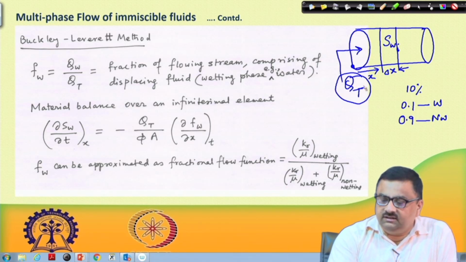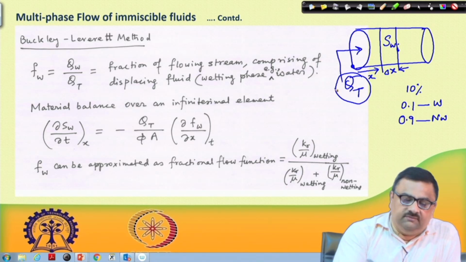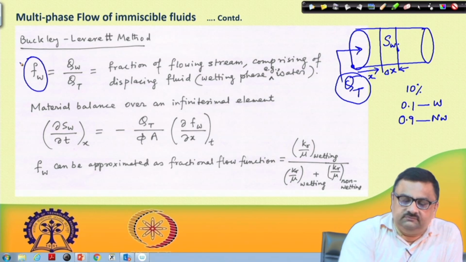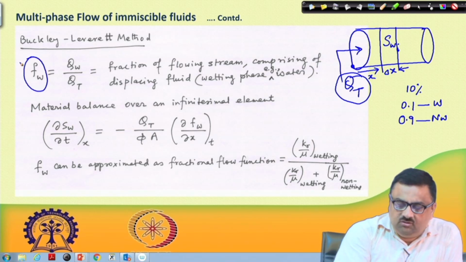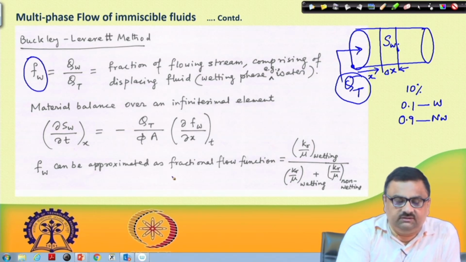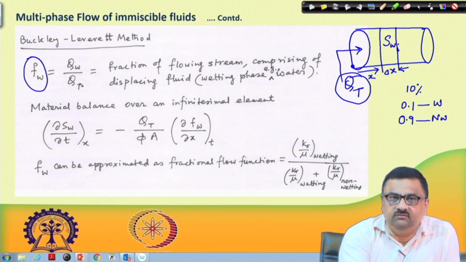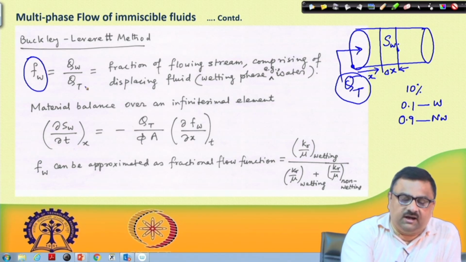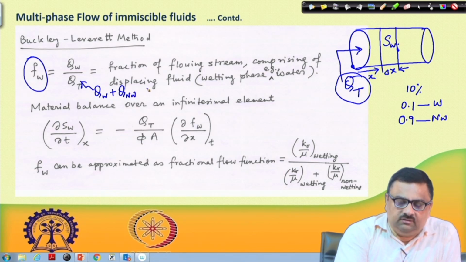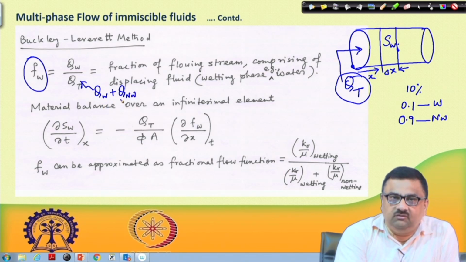Qt is the total flow rate, and we have already defined Fw, the fractional flow function, given by the volumetric flow ratio at any point, Qw by Qt. So Qt comprises Qt equal to Qw plus Qnw, where Qw is the wetting phase and Qnw the non-wetting phase.